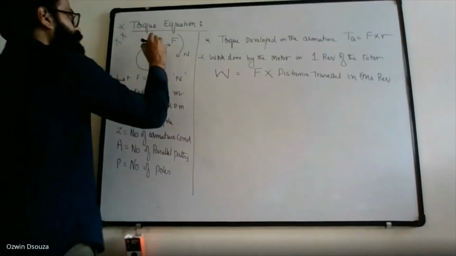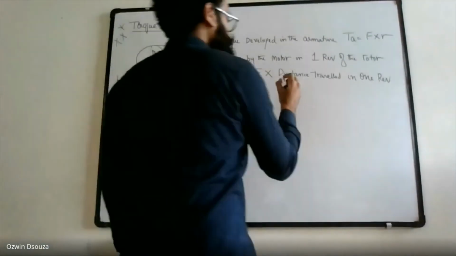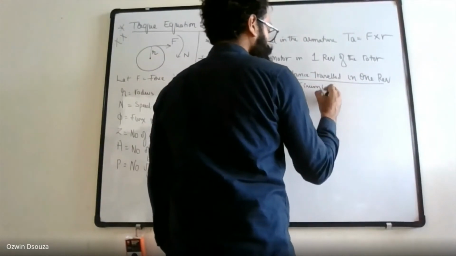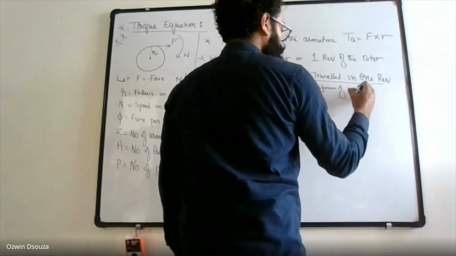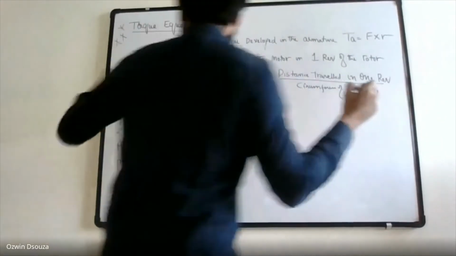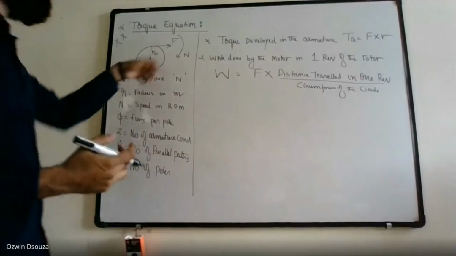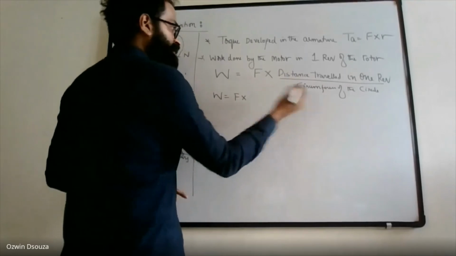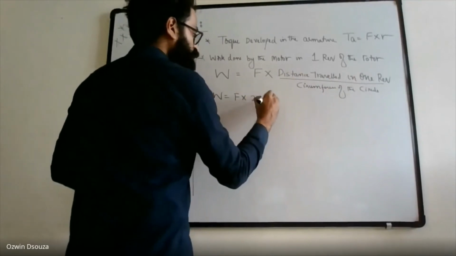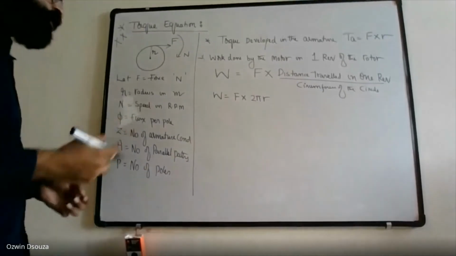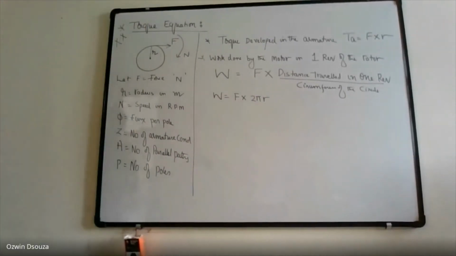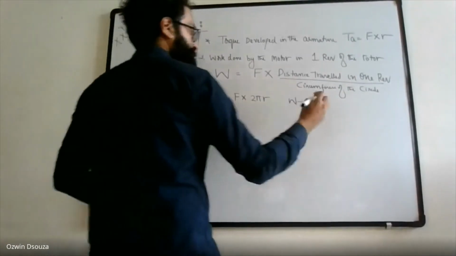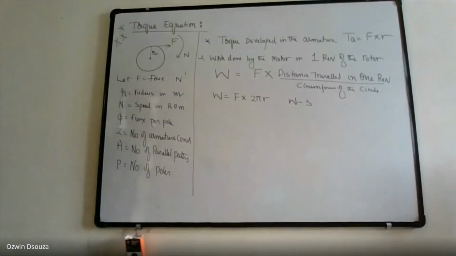So in one revolution, what is the distance traveled? It is nothing but the circumference of the circle, right? Because the rotor is circular in nature. So you can write W is equal to F into the circumference of the circle, which is 2 pi r. The unit is watt second.